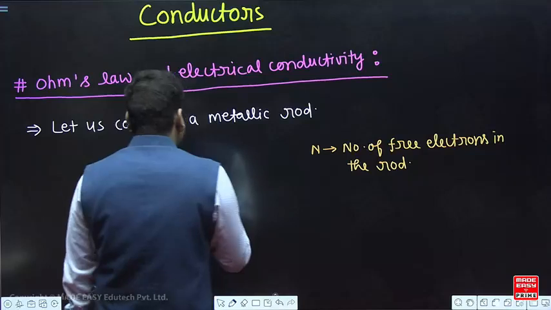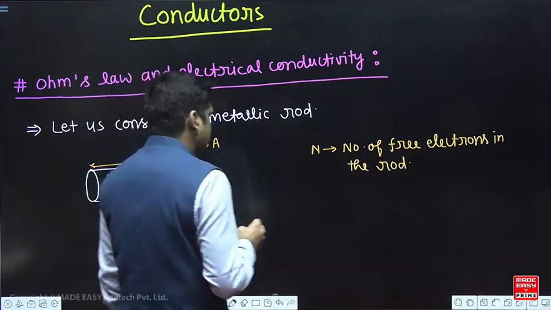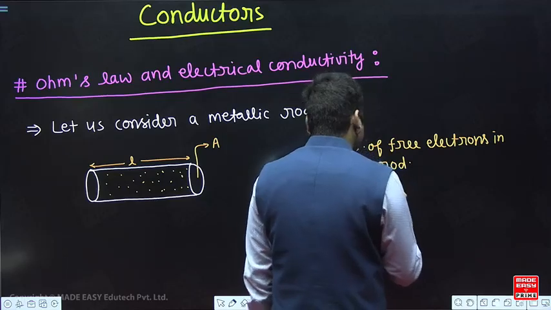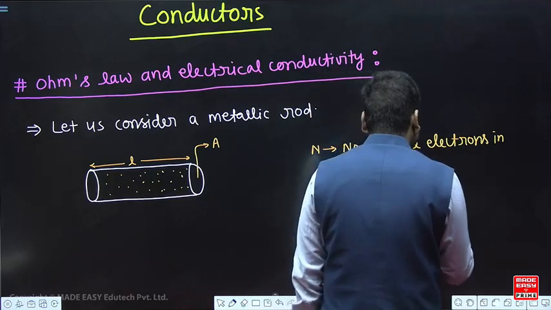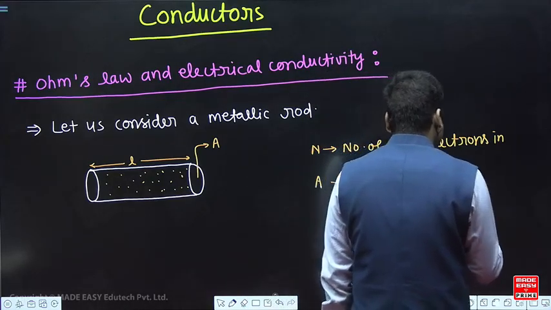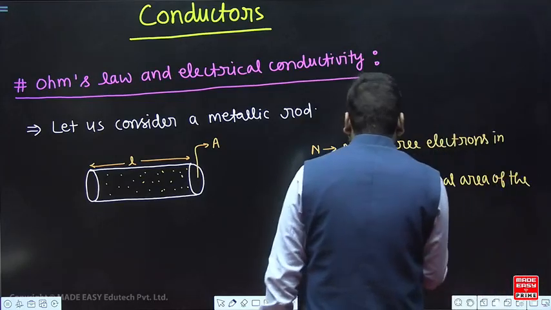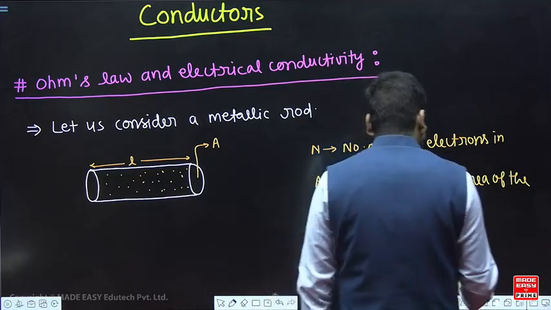Let us suppose A is the cross-sectional area of the rod.